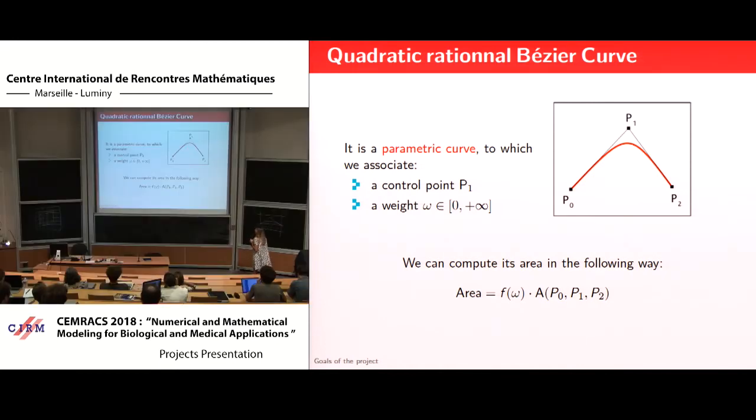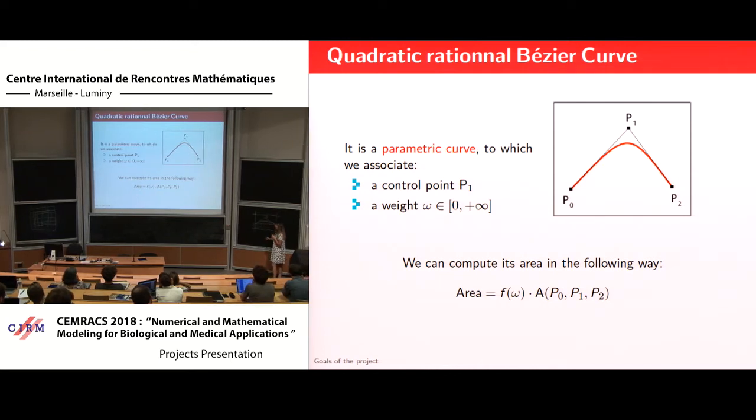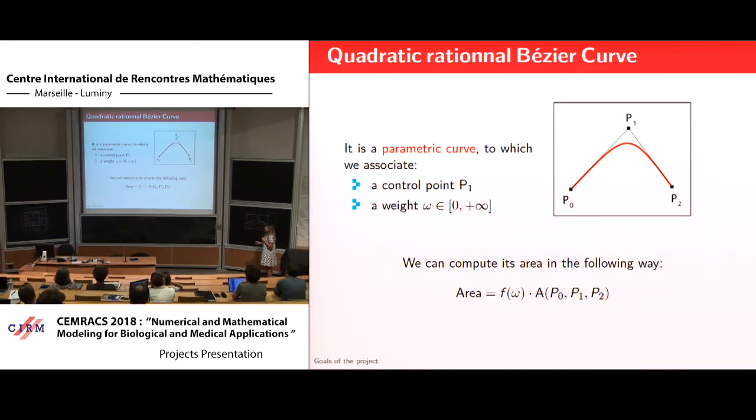And second, because computing the area beside the curve is actually quite easy once you know the area of the triangle. Once you know the area of this triangle, you just multiply this area by a function that depends on omega. And I forgot to say that the weight omega for the moment is a weight that we impose before the algorithm. So it is something that is known and is constant over all the mesh.